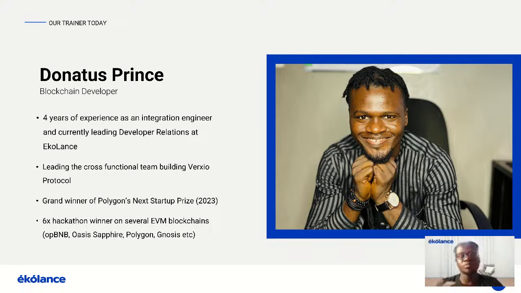I also have experience leading cross-functional teams like Vector Protocol. Back in 2023, I was the grand winner for Polygon's Next Startup Prize for a project that I built, and I am a 6 times hackathon winner, building on several EVM blockchains like the opBNB, the Oasis Sapphire, the Polygon, the Gnosis, and a host of others, right?